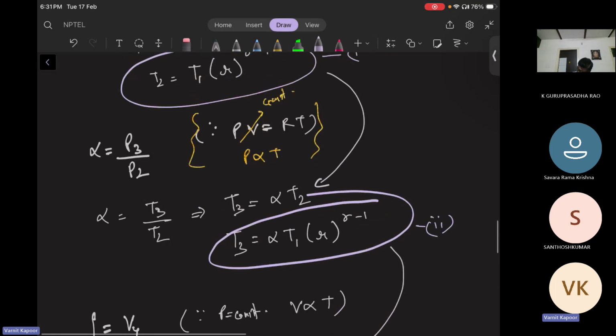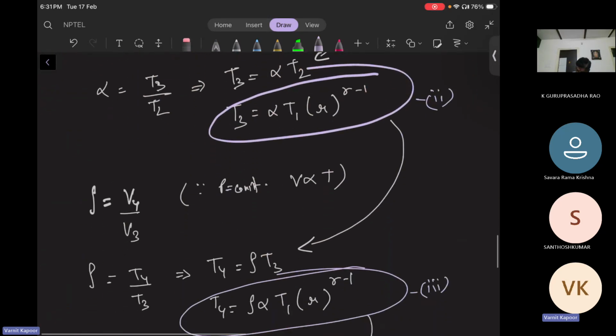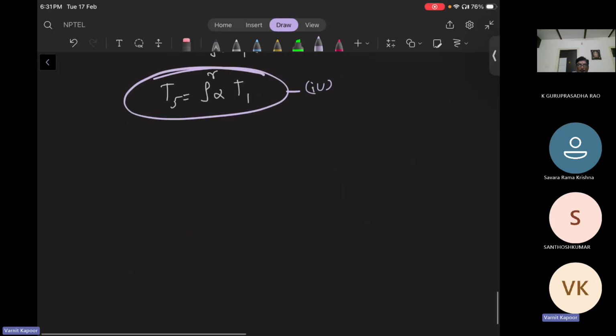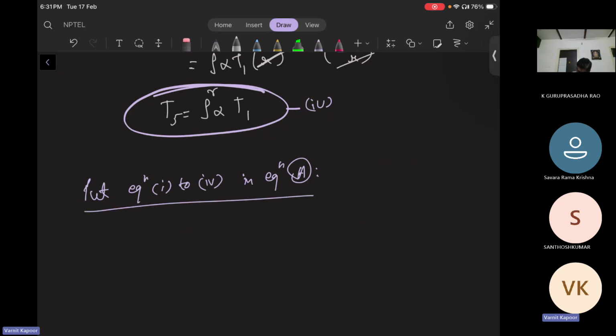Now let's put all of 1, 2, 3, 4 in equation number A. Put equations 1 to 4 in equation A. So we will have air standard efficiency 1 minus alpha rho to the power of gamma minus 1.